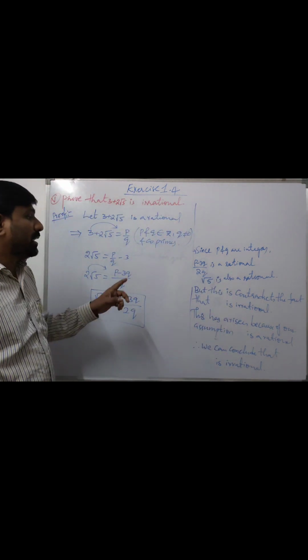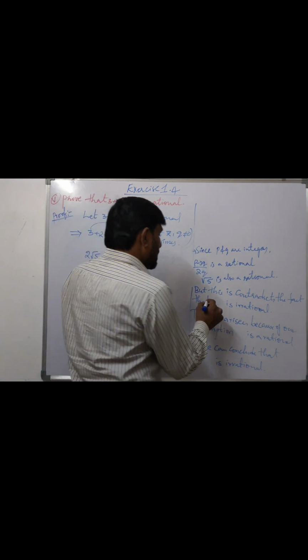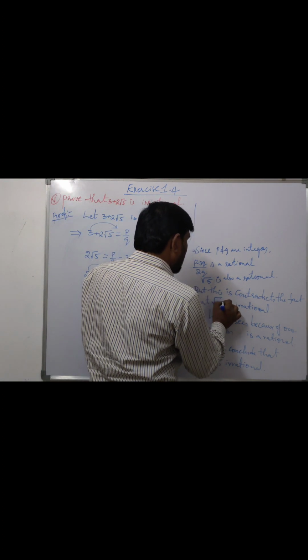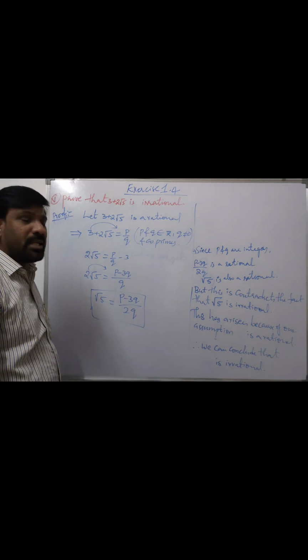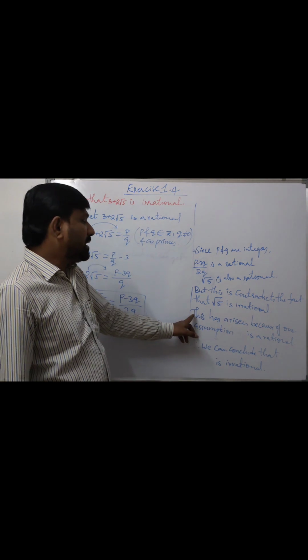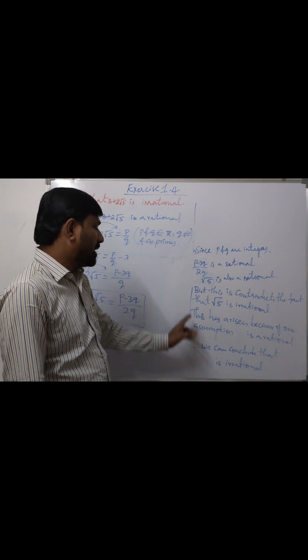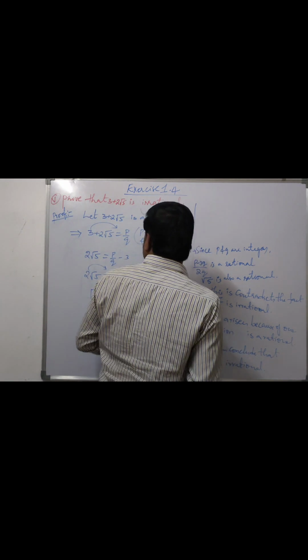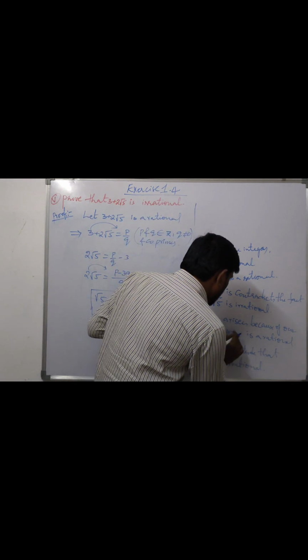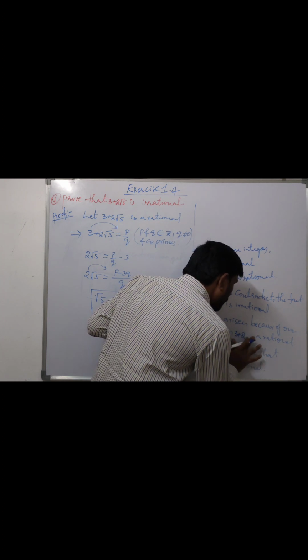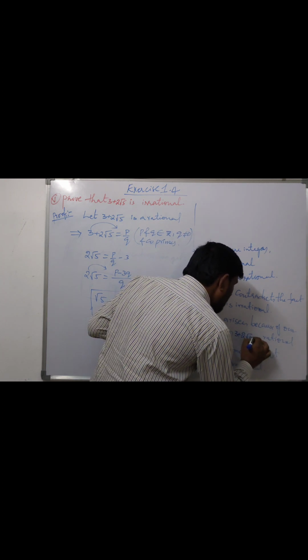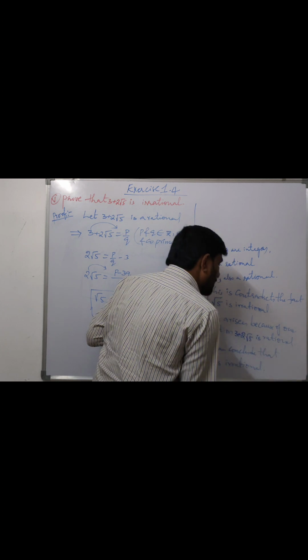But this contradicts the fact that the square root of a non-perfect square is irrational. This has arisen because of our assumption that 3 plus 2 root 5 is rational.